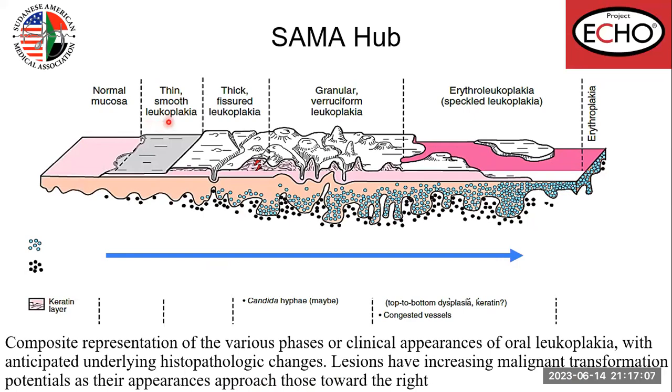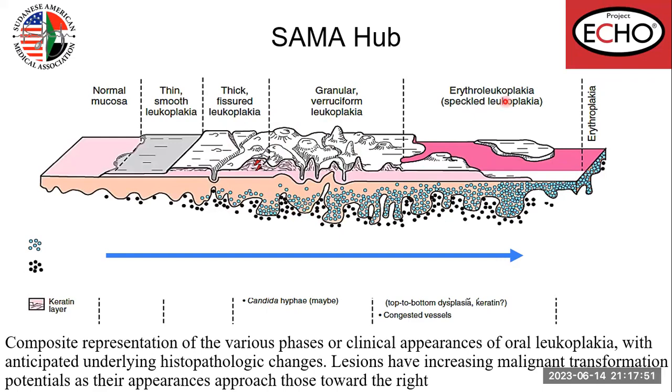And then we have the appearance of thin, smooth leukoplakia, in which in some cases we can see candida hyphae, maybe, and congested vessels in this area. Moving on to thick fissured leukoplakia, the amount of hyphae might increase, and the amount of congested vessels will increase as well, and the surface area will become thicker. Moving on to the granular or nodular and verruciform, we can see the surface area became bigger, and the changes in the underlying connective tissue and epithelial layers are also more evident.